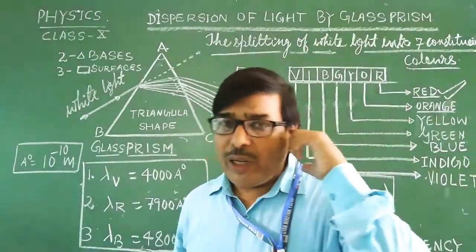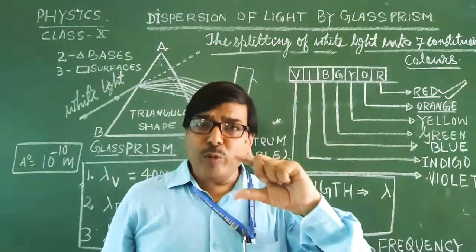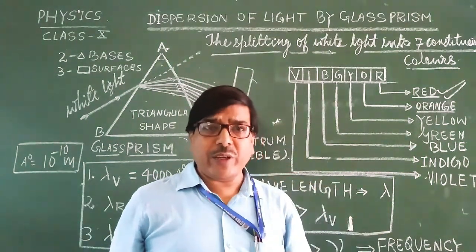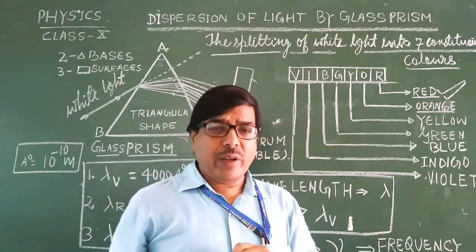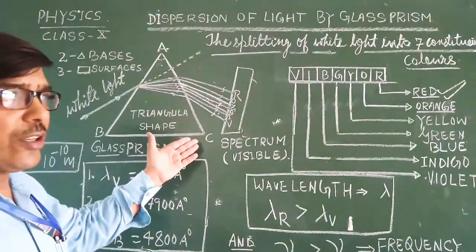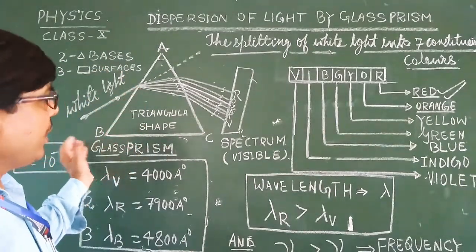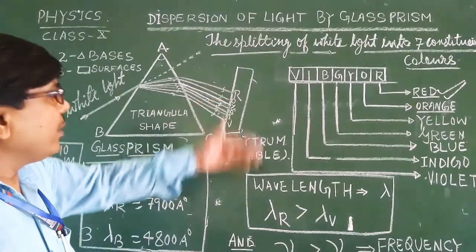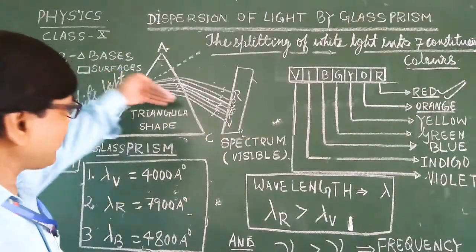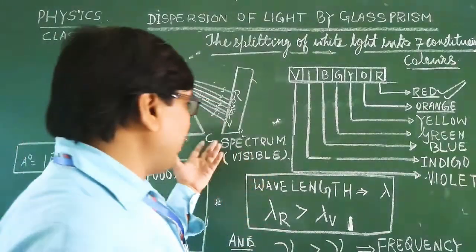Actually, a rectangular glass slab has two parallel surfaces and does not show dispersion. But lateral surfaces are found in a prism. That's why it shows dispersion. White light obliquely enters the prism and splits into seven colors.